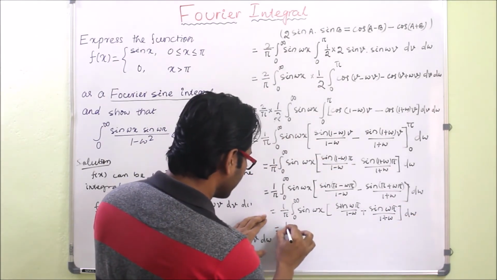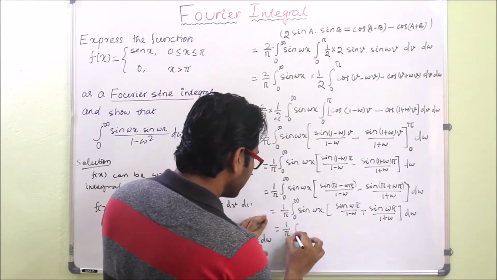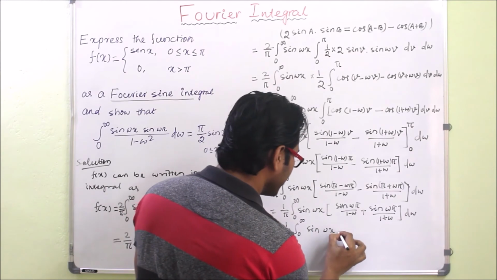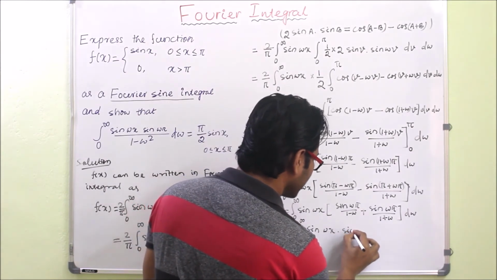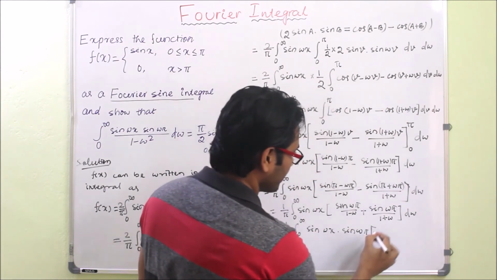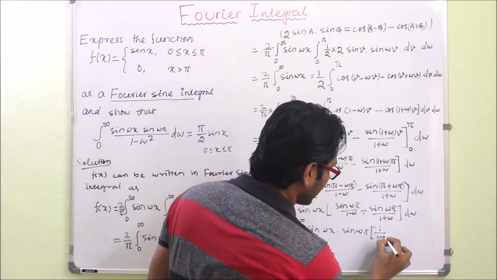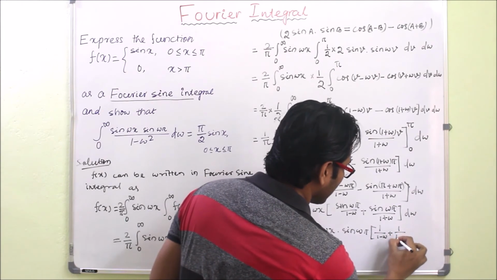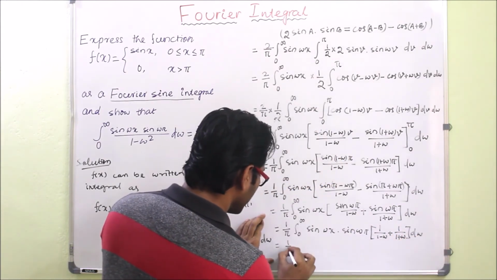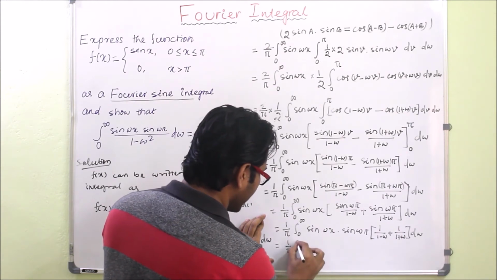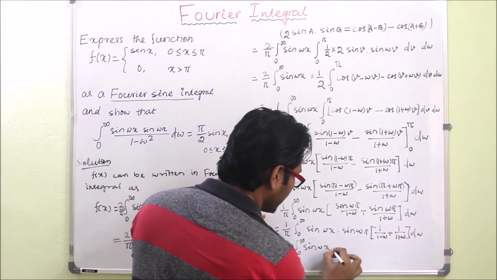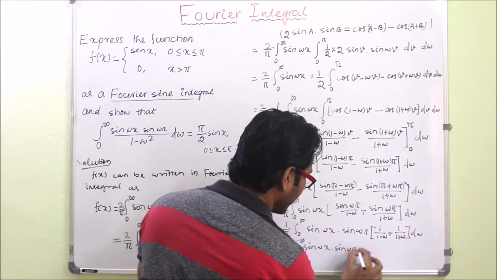Now 1 by pi 0 to infinity sine wx into, if I take sine w pi common, it will be 1 by 1 minus w plus 1 by 1 plus w dw. Again we will solve it. So if we solve, we will get 1 by pi times 0 to infinity sine wx into sine w pi.